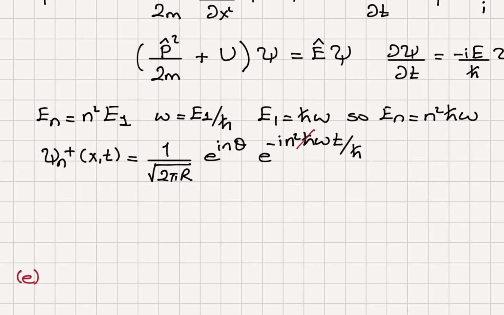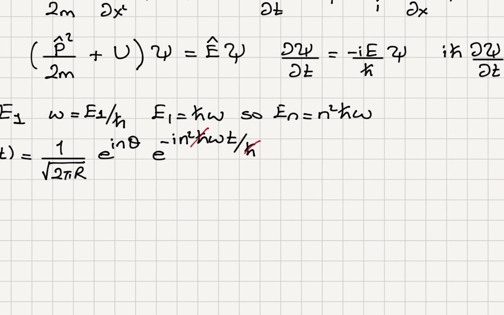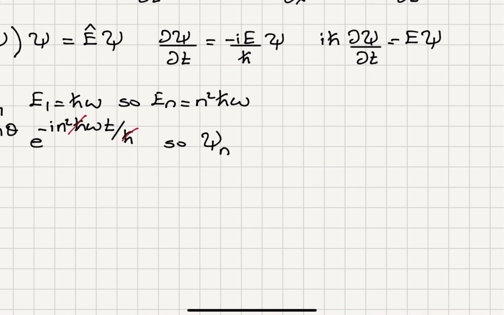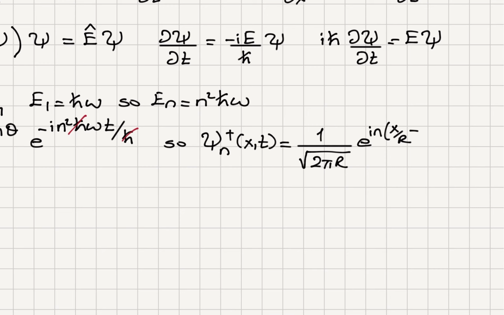So these h bars will cancel out, so that these time-dependent solutions can be written as psi sub n plus of x and t is 1 over square root of 2 pi R e to the i n theta, which is x divided by capital R, minus, because I have i n already here outside the parenthesis, n omega t. So that's the form of the solution.